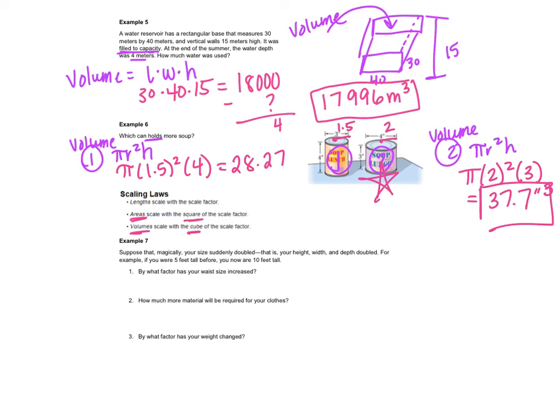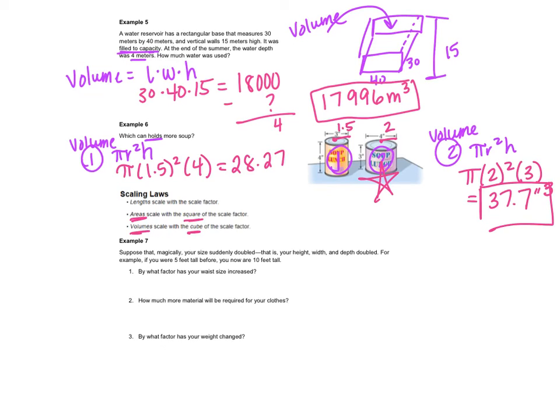Okay, so let's look at this final example, see if we kind of understand what's happening. So, suppose that magically your size suddenly doubled. That is, your height, your width, and your depth doubled. For example, if you were 5 feet tall before, you are now 10 feet tall. Okay, so it says, by what factor has your waist size increased?